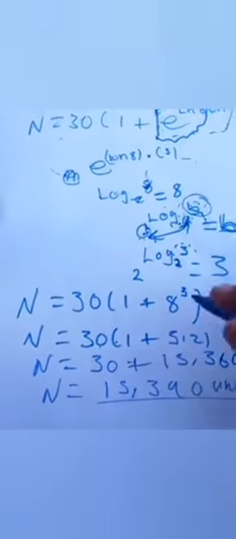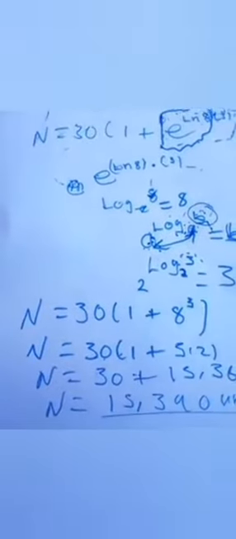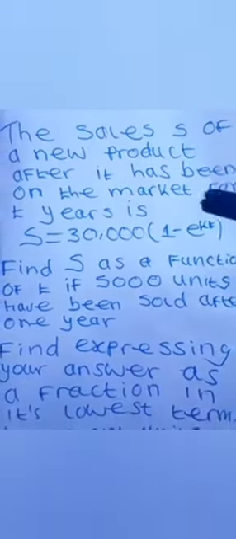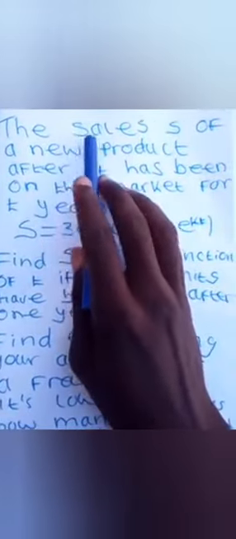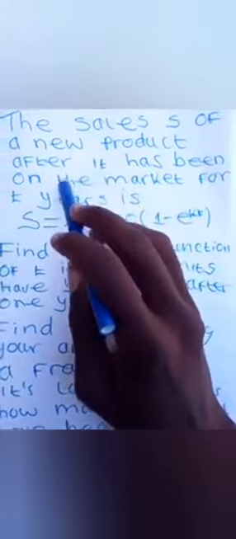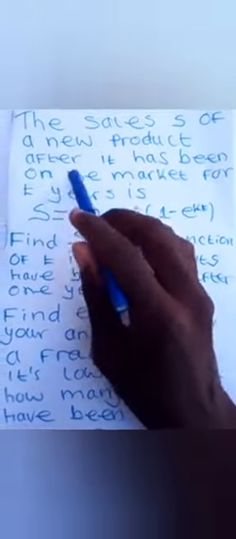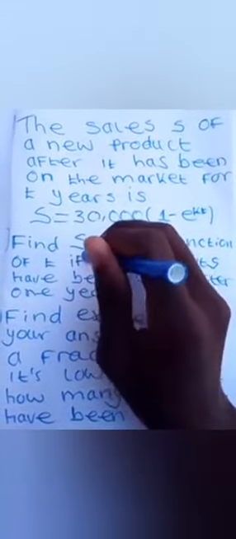Makes sense, right? Let's look at another question. Okay guys, so let's look at this question. The question is saying that the sales S of a new product after it has been on the market for T years is given by this formula. Here time T is in years. If they give you a figure, don't convert into months, just plug it in directly.